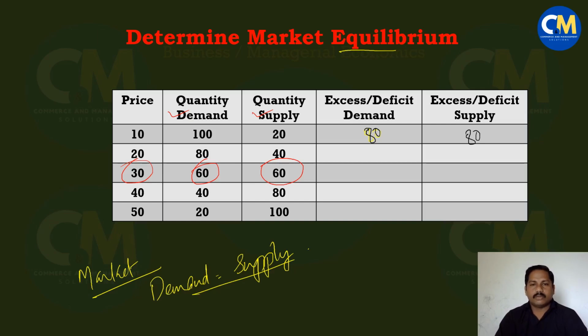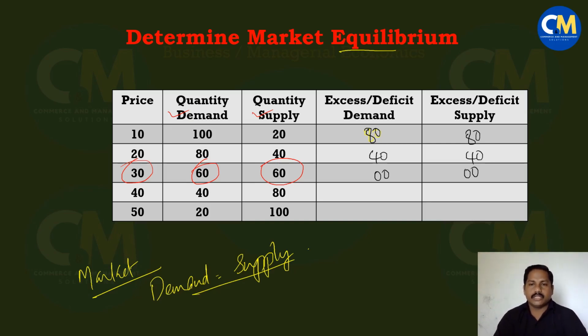Here excess demand, how much? Demand is 80 but supply is only 40, so 40 is the excess demand. On the other side, 40 is the shortage of supply. But here there is no shortage or deficit, as both demand and supply are equal.